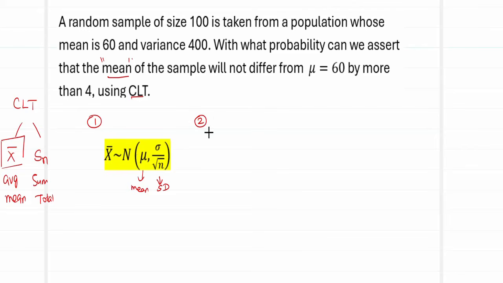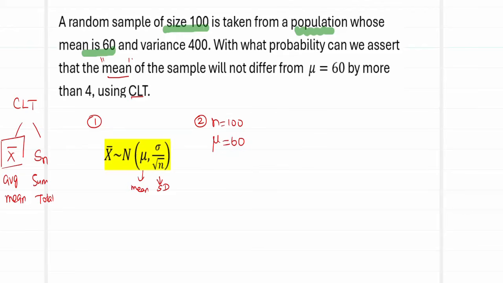Second, fix your data. The data are sigma, mu and n. From the problem, collect all these data. It has been said the size is 100, so n is 100. We have been told the mean is 60; this is the mean of the population, which is denoted by mu, so mu is 60.